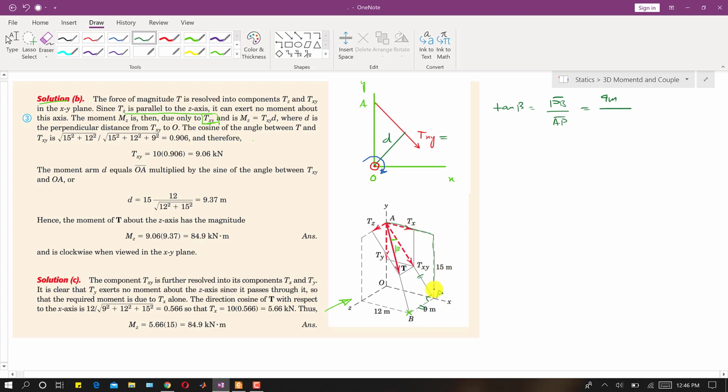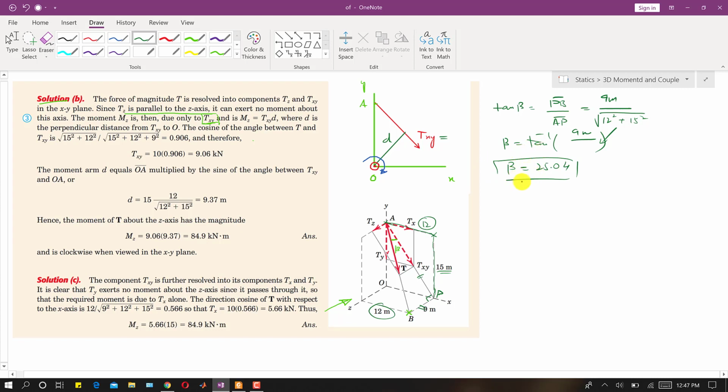This length is 12, which is written here, and this length is 15. This is a right angle triangle, so we can use the Pythagoras theorem. AP will be the square root of 12 squared plus 15 squared. If we take the tan inverse of 9 meters over this, what will we get? We will get the angle as 25.04.